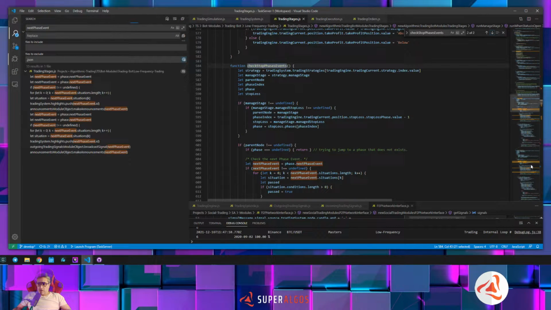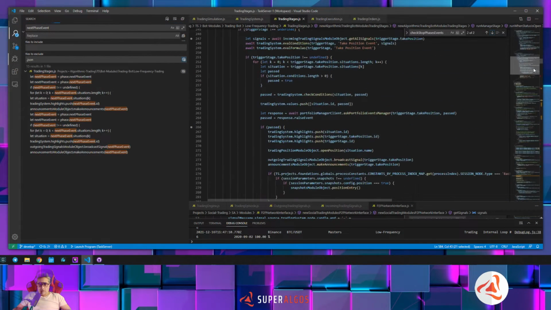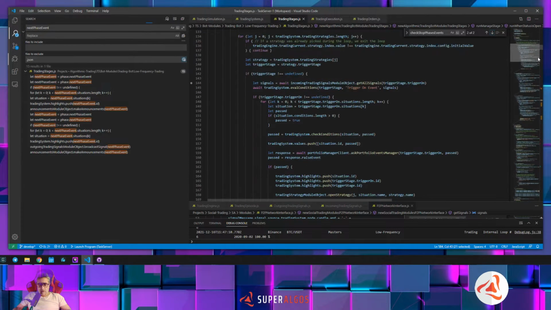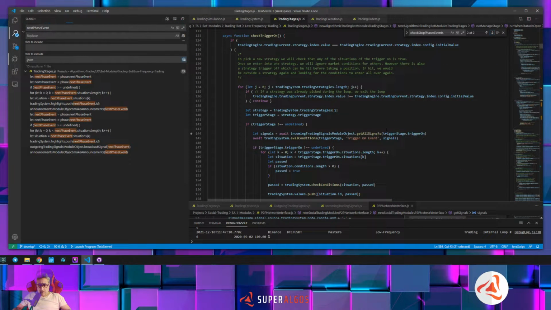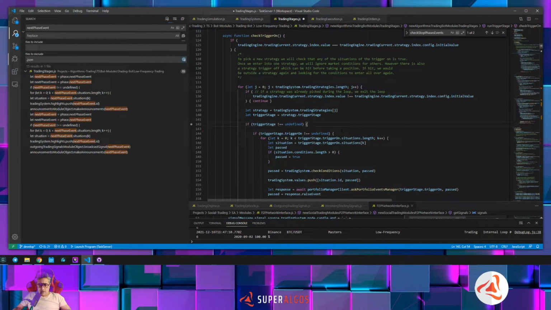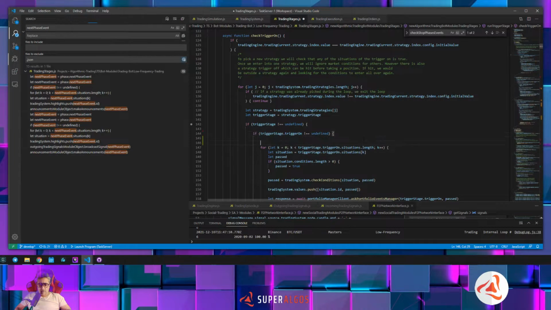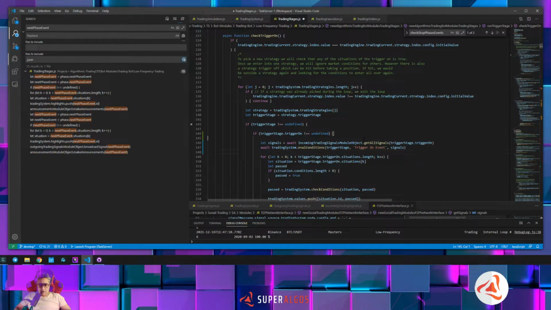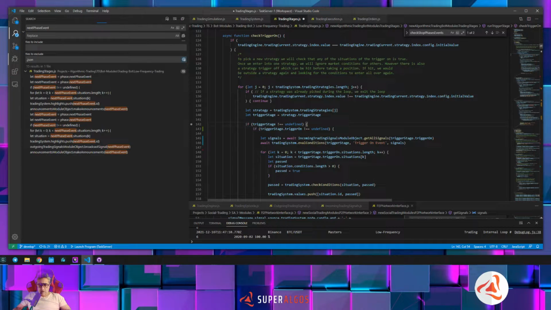So we will go to the trigger on, trigger off, and we will move these lines inside of this if, because if there is no trigger on defined, then there's no need for the signals or to evaluate the conditions there. It just doesn't make sense.